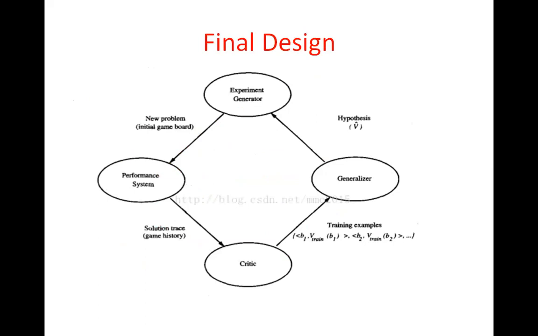So this is the final design. In the final design, you can see broadly 4 modules are there, and they are interconnected. See, you are building a machine learning system, a learning system. That means it has to keep learning. It's a never ending process. When you use the word learning, it never stops.